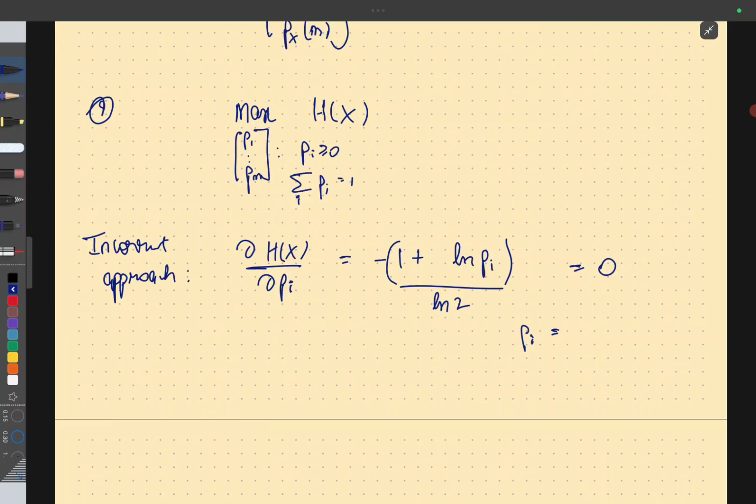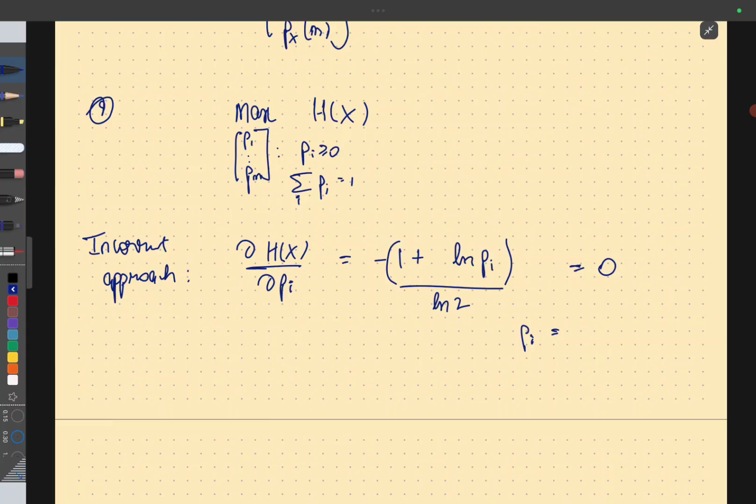Because you're not taking care of the constraints that all of the probabilities should be greater than or equal to 0 and they should sum to 1. So the correct way would be to maximize this using Lagrange multipliers by setting it up as a constrained optimization problem.